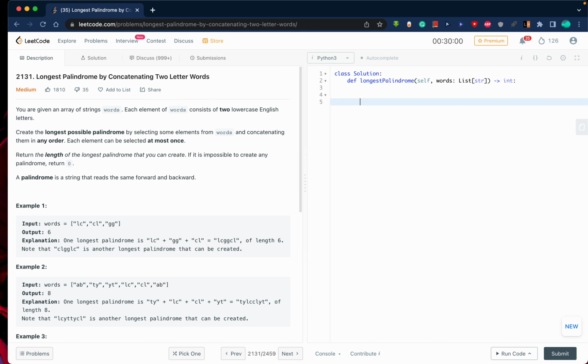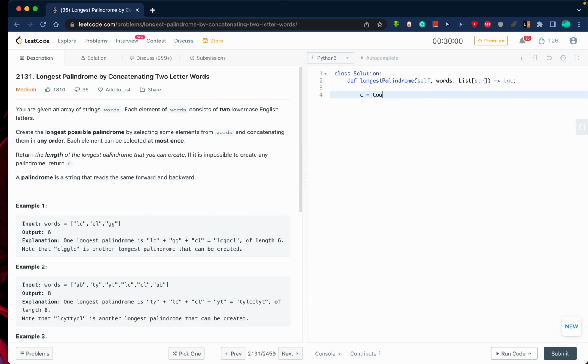So if I put a word here, then I'd put its reverse here. And the one exception we can make is in the center, we can put only a single word which has the same characters, right? So I think this should work.